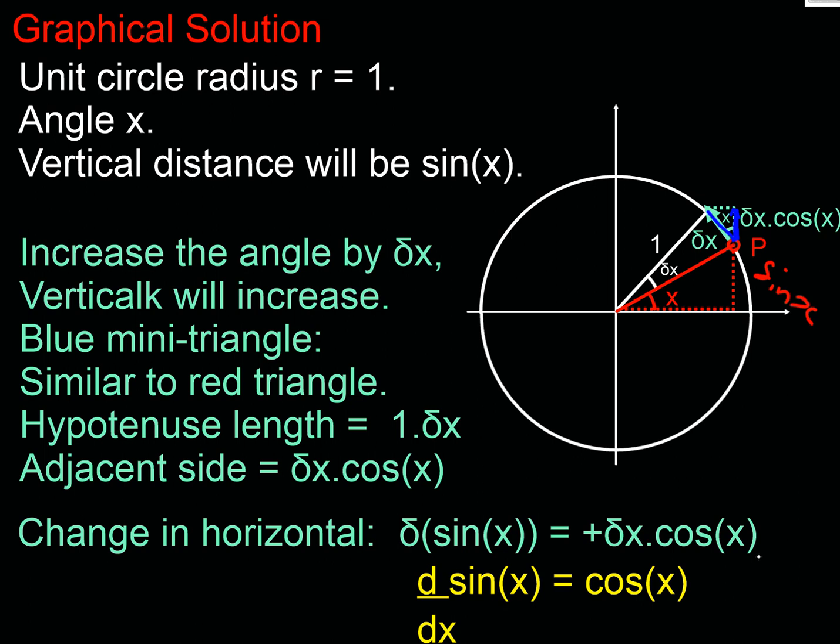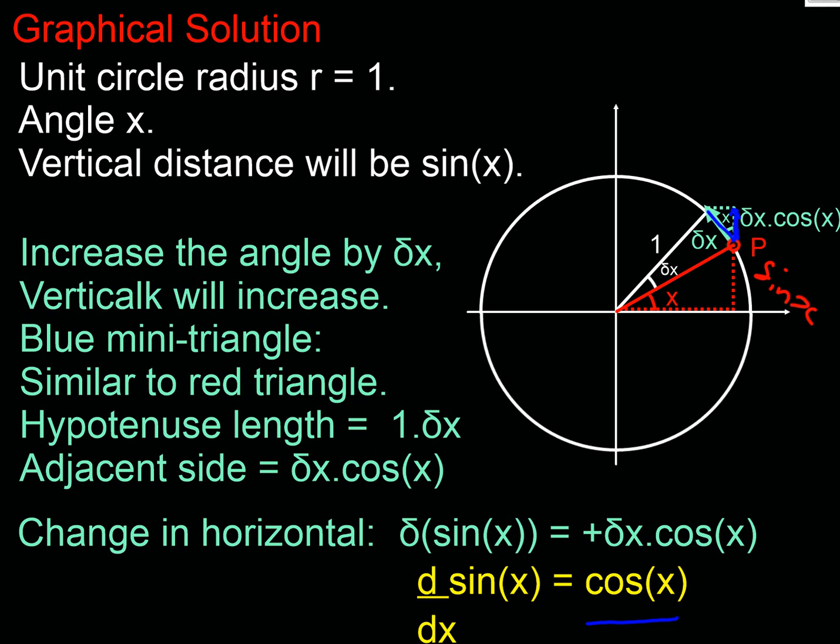And therefore we have this differential expression here, that our small change in sine of x equals delta x times cos of x. And therefore if we divide by delta x and we limit delta x to 0, then we find the differential of sine of x is cos of x, which is what we're expecting.